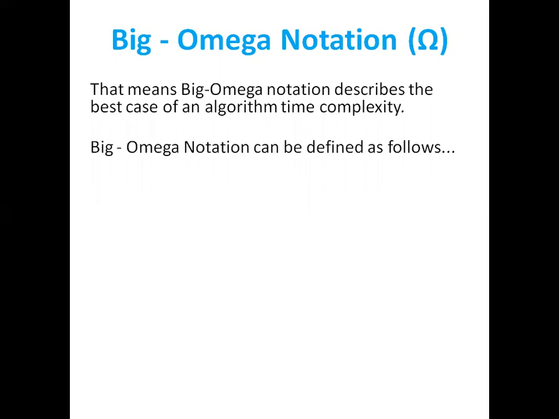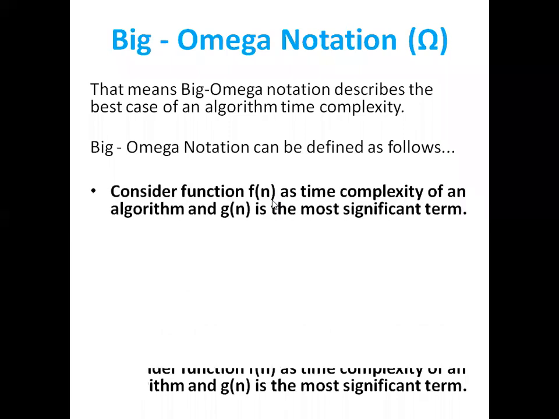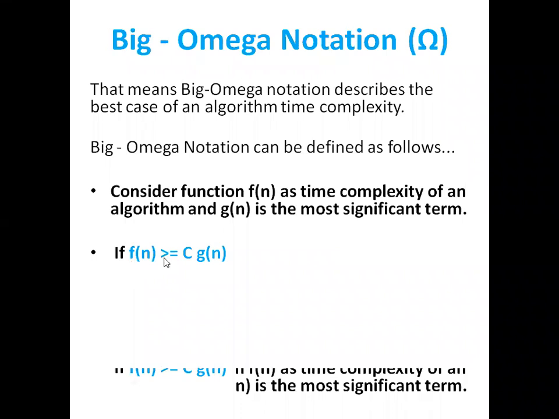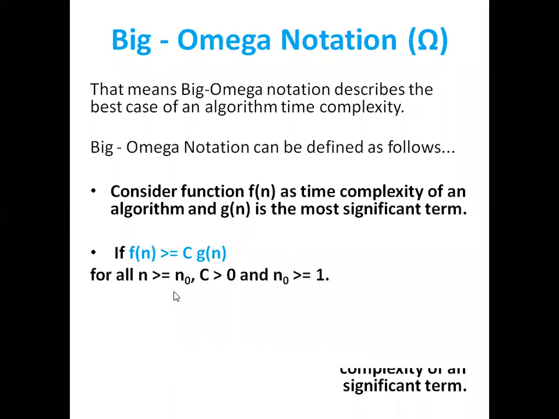So what is the definition of big omega notation? Consider there are two functions, f of n as time complexity of an algorithm and g of n is most significant term, which indicates that f of n is greater than equal to c into g of n, where c is any positive constant, and n is always greater than 1.